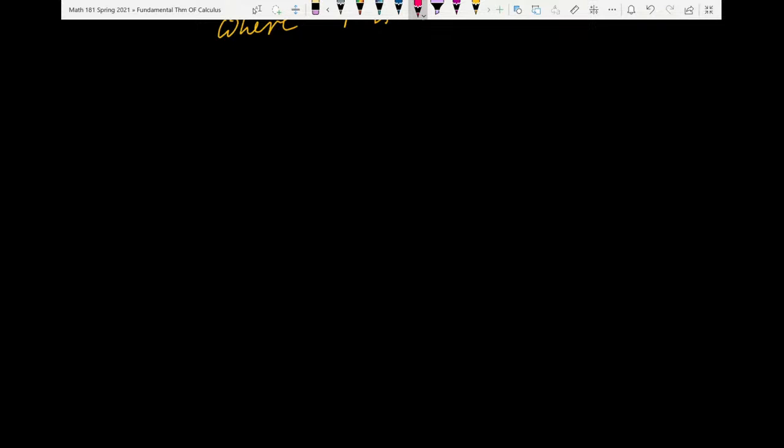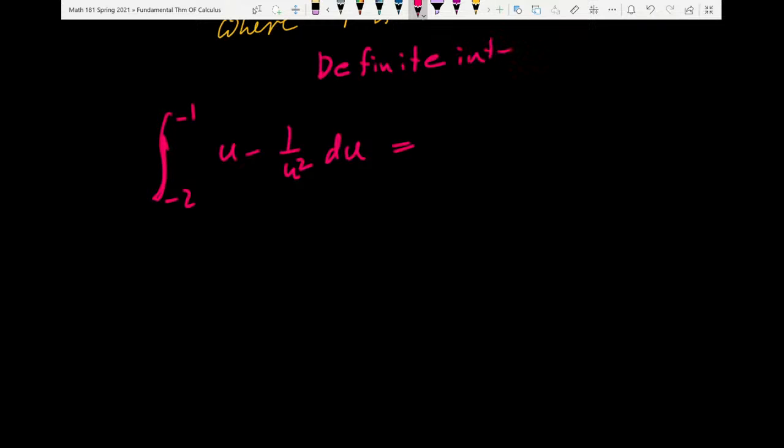All right, now if we do a problem something like this, the integral from -2 to -1 of (u minus 1 over u squared) du, we call this a definite integral. It's pretty simple.